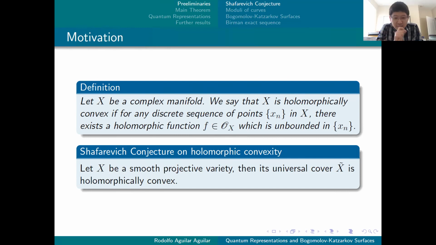Then the only holomorphic function on it is the constant function, isn't it? Yes, but we cannot have any discrete sequence of points, so it is holomorphically convex by an empty condition. I see. Thank you very much.